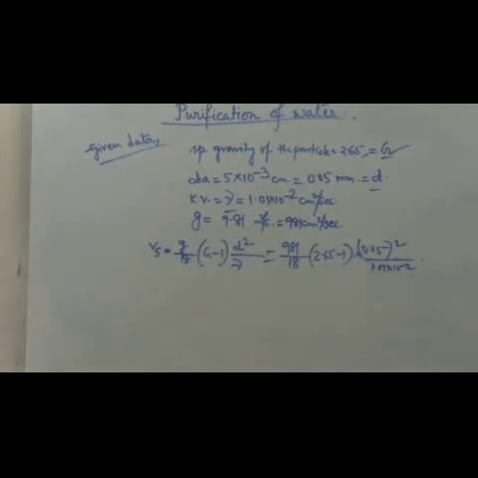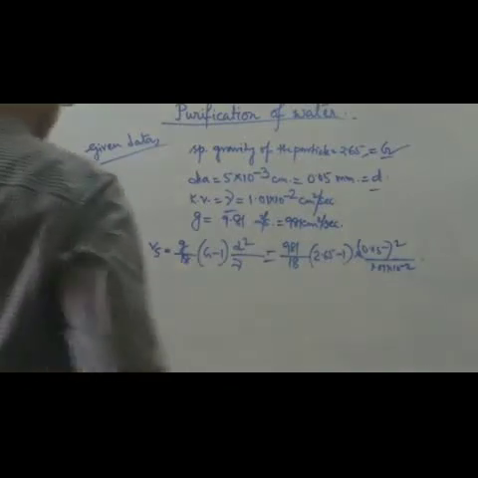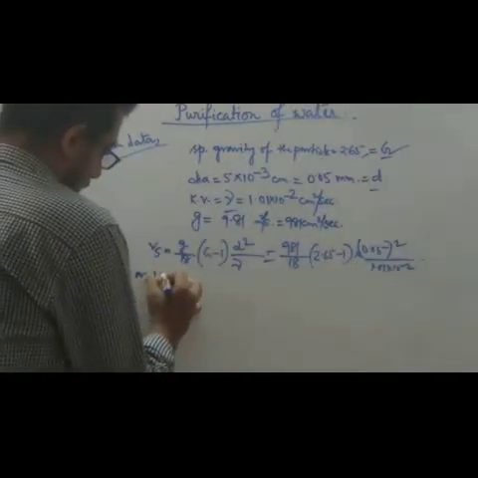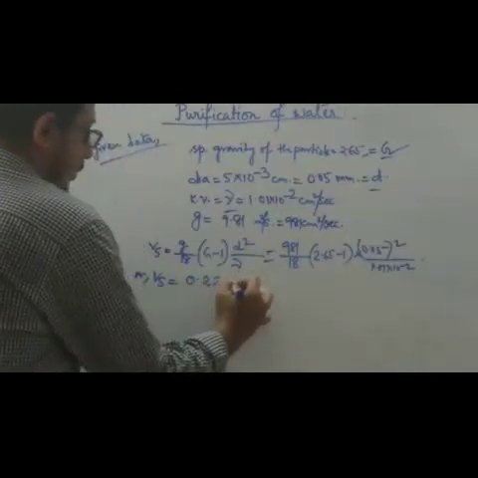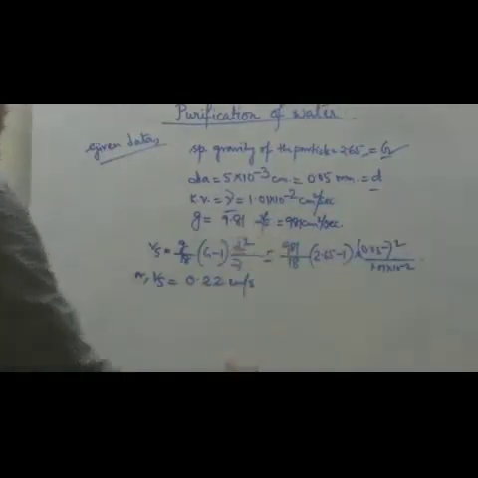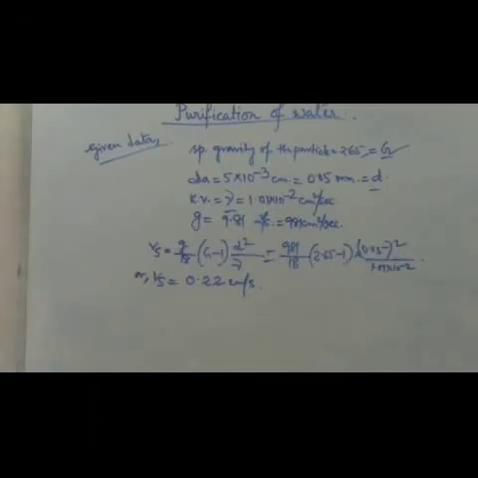Now if we put this value in a calculator, then you will get that the settling velocity Vs equals 0.22 centimeter per second.